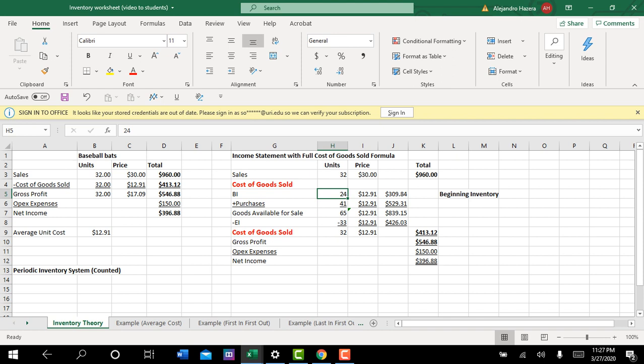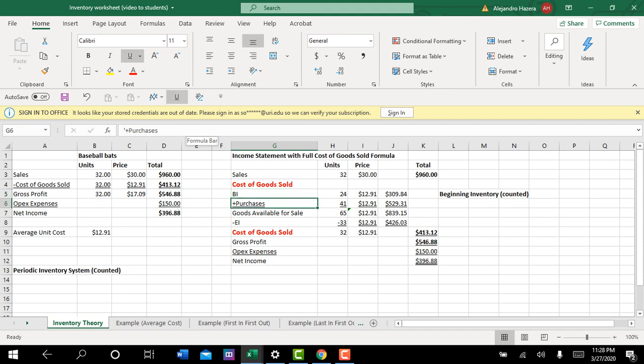Keep in mind that the beginning inventory was counted. They all cost $12.91 magically. And so their beginning inventory had a value of $309.84. That's the first part of the cost of goods sold formula, your beginning inventory. You need to have a count of your beginning inventory.